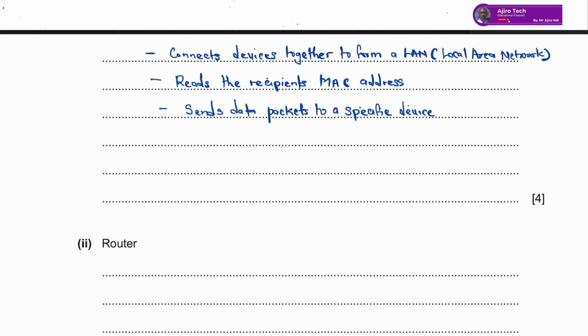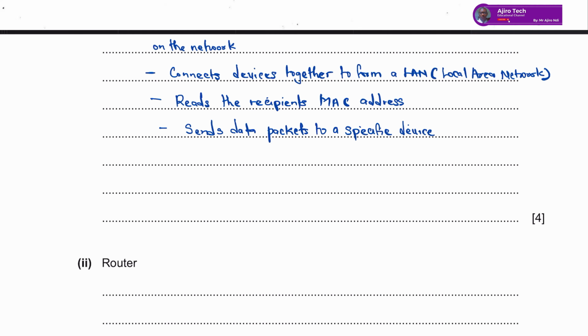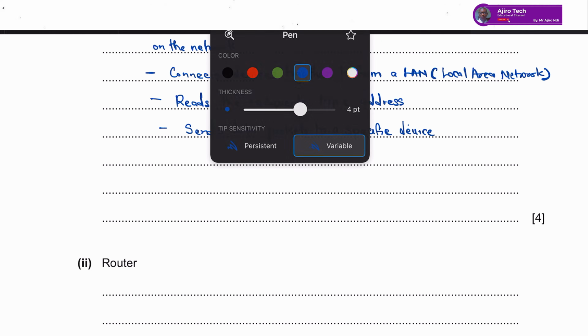It also receives signals from one device as well. Not just send, it also receives signals from one device. And it also contains the MAC address of the sender and receiver.